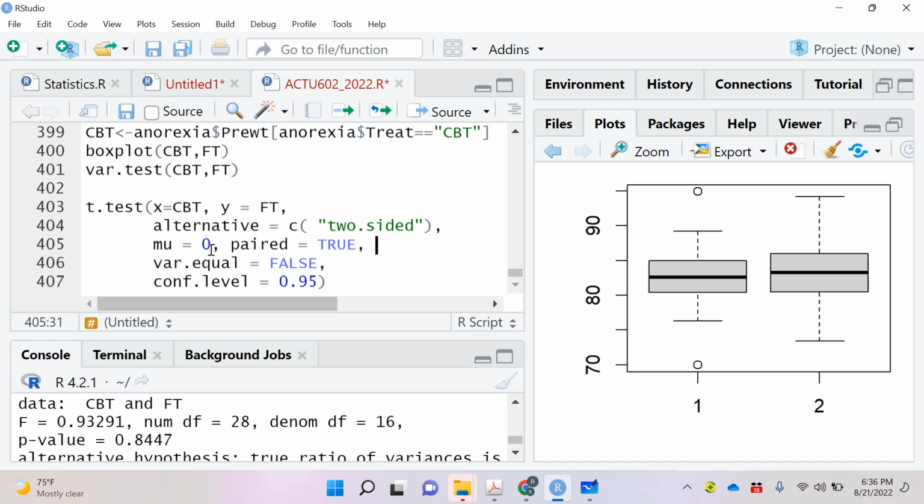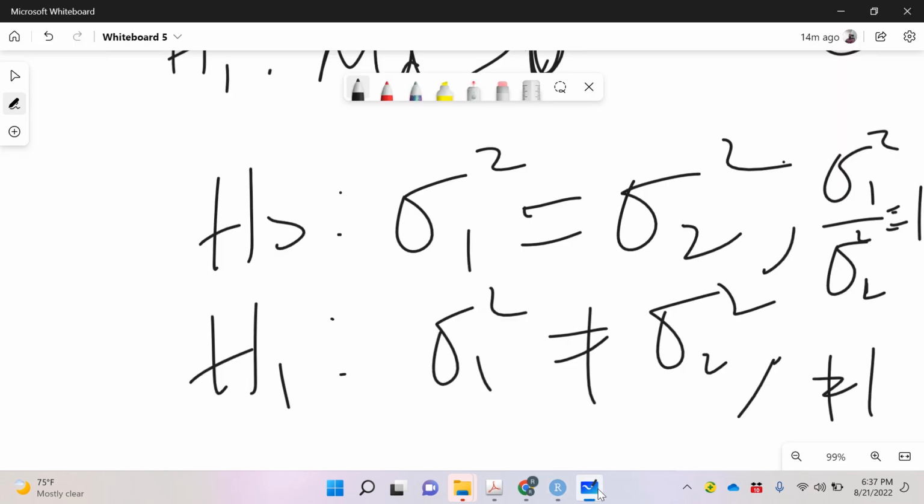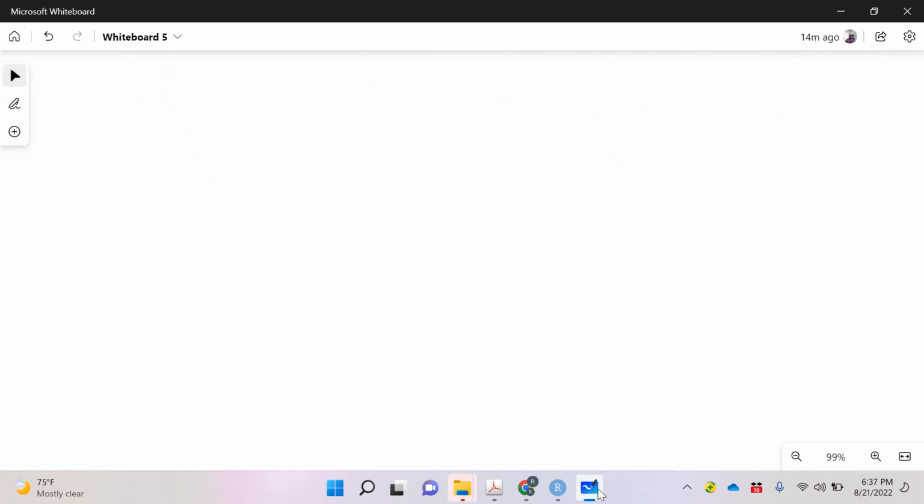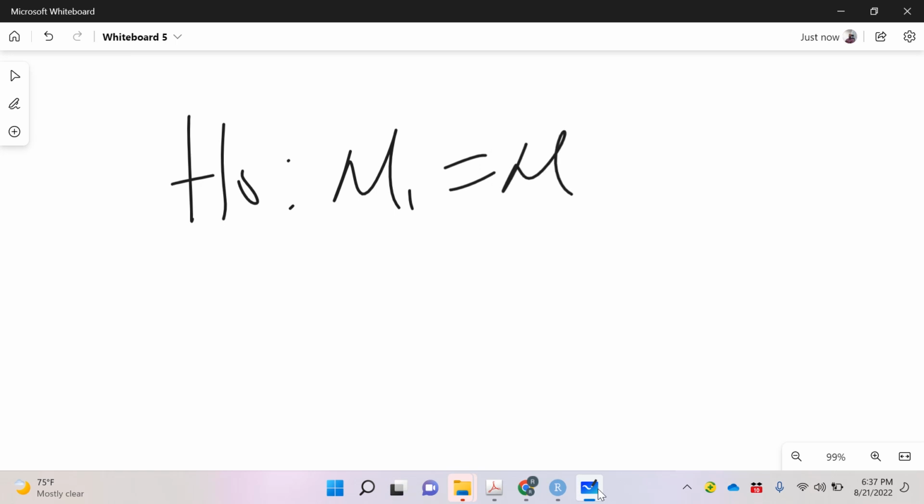Mu should be... no. What we are doing here is checking whether it's an independent test. So we have mu1 equal to mu2, right? This is the same as stating that mu1 minus mu2 is equal to 0.